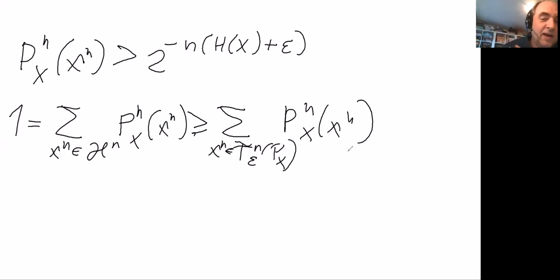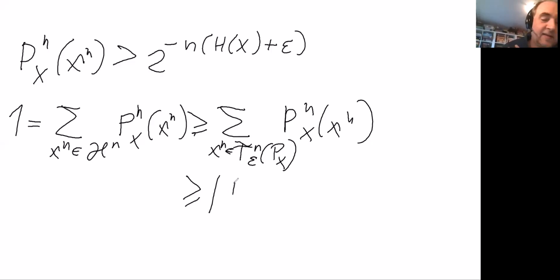Now this here we can again estimate individually. So we can estimate each sequence again. We know each sequence now has approximately the same probability. So we can estimate it again by 2 to the minus n h of x, and we count how many we have. It's exactly the cardinality. So it's a very similar trick.